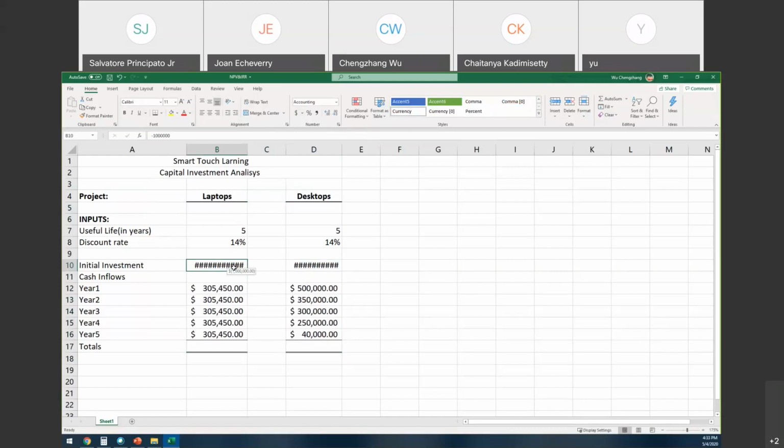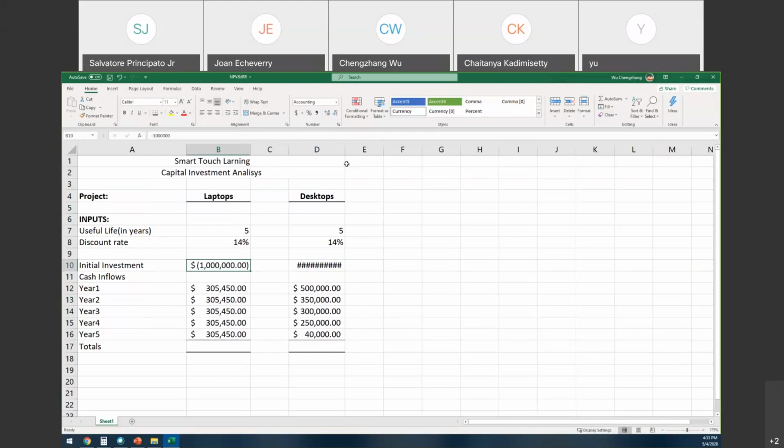This is an error sign. It means this column is not wide enough to display all the information in this cell. We can double click this area to make it wide enough. Good. And double click this area.